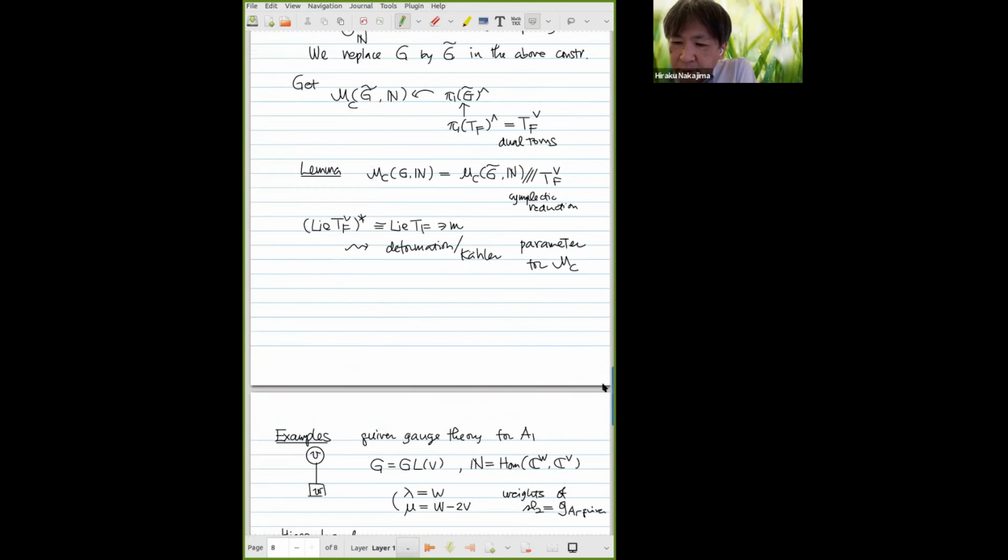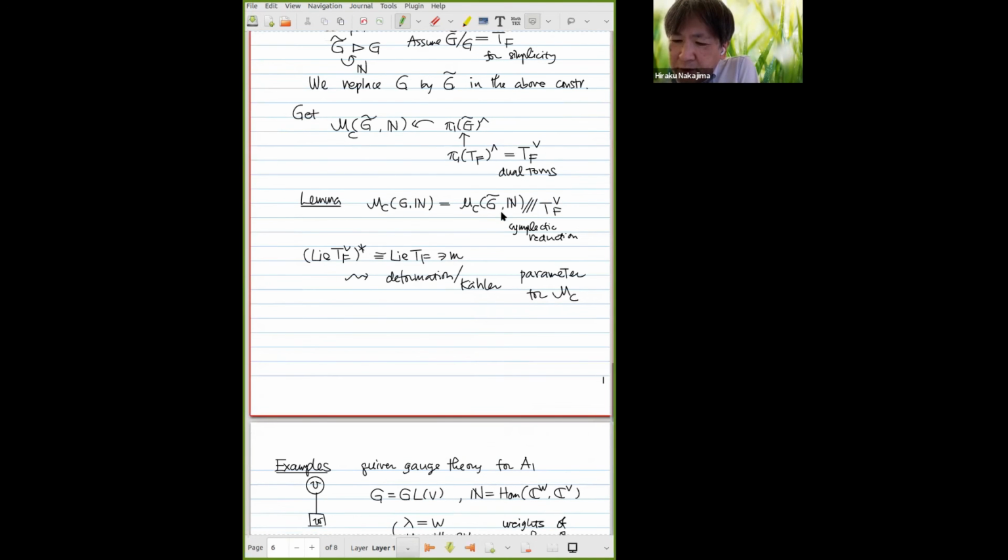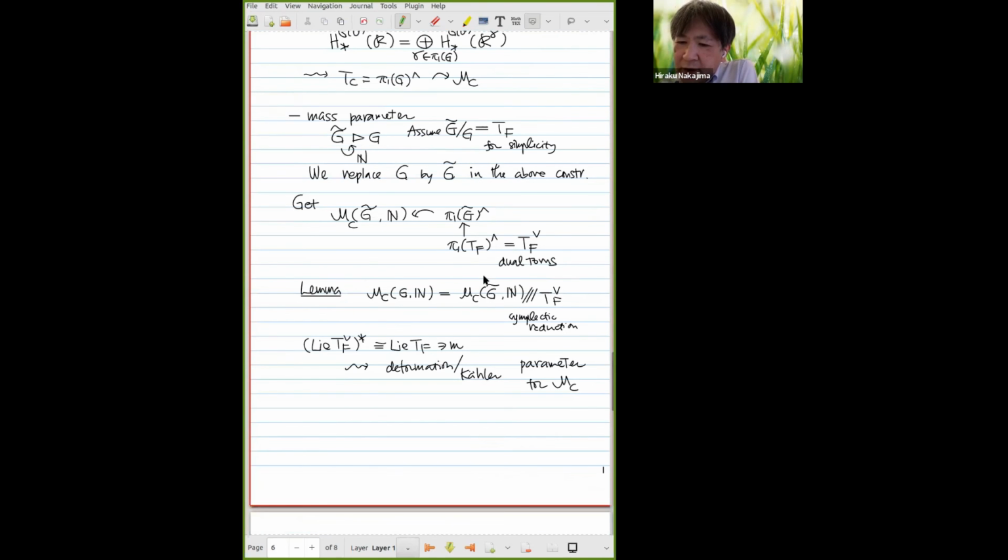Yeah, I think I explained it. So the mass parameter appears when I consider the Coulomb branch for a larger group. So I assume G is contained in a larger group as a normal subgroup. Then the mass parameter is understood as an element of the real Lie algebra of the quotient group.